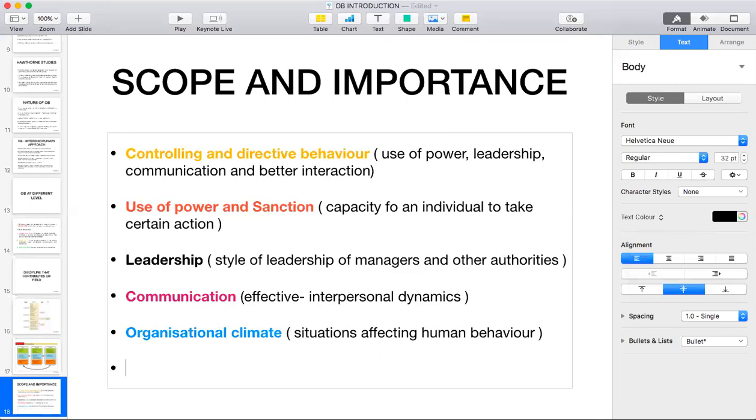And the last one is organizational adaptation. Now, adaptation, when we talk about it, is the most pervasive change.